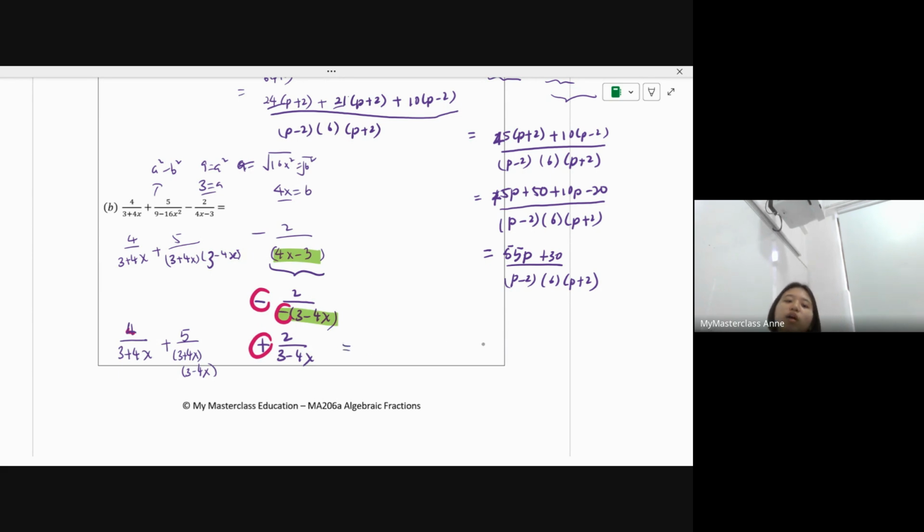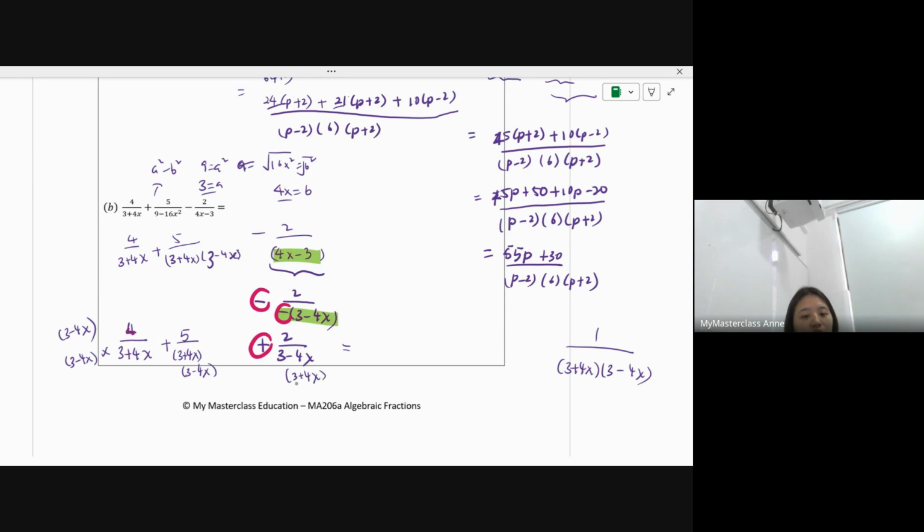Same thing. What is the common denominator? When we combine, we have to have the common denominator. So I want it to be (3 plus 4x)(3 minus 4x). The first one, I still need 3 minus 4x. The second one is all good already. And the last one also needs 3 plus 4x.